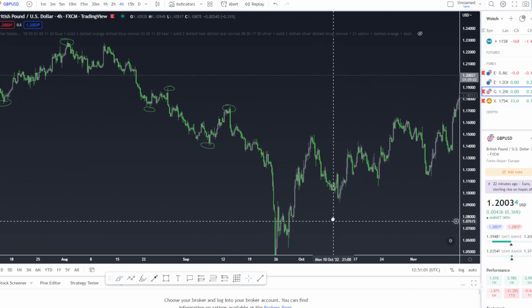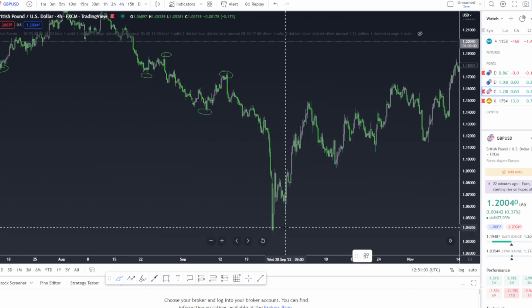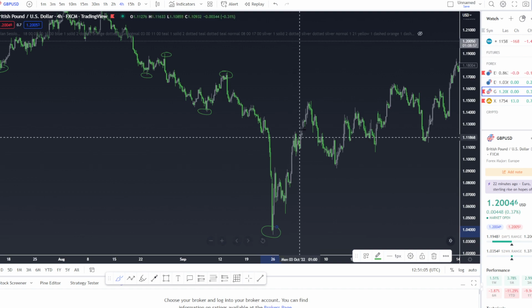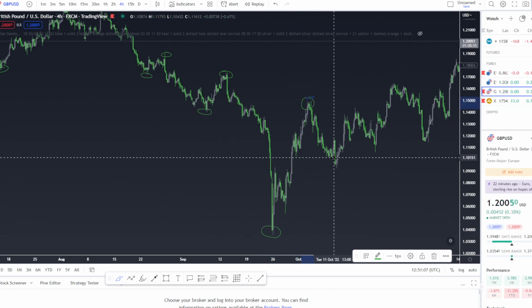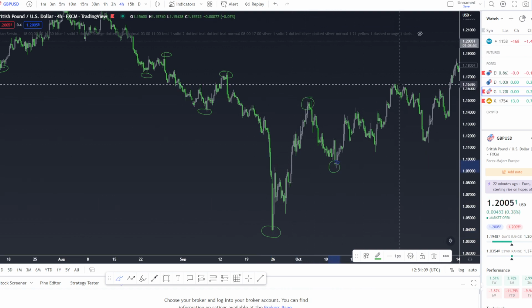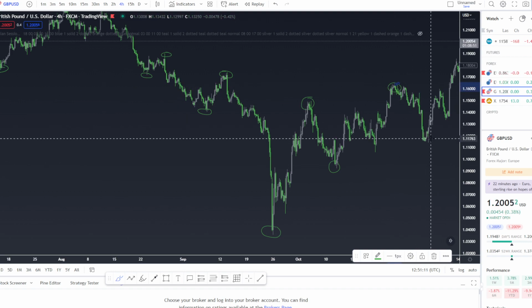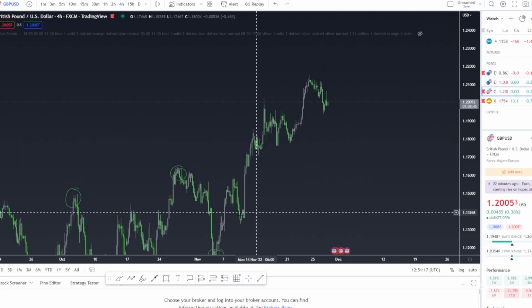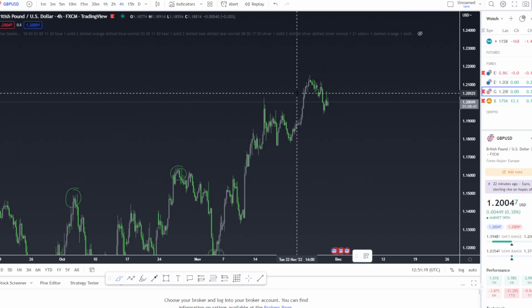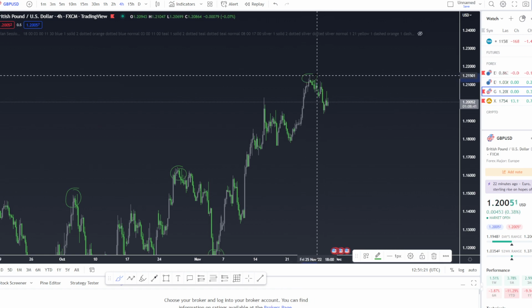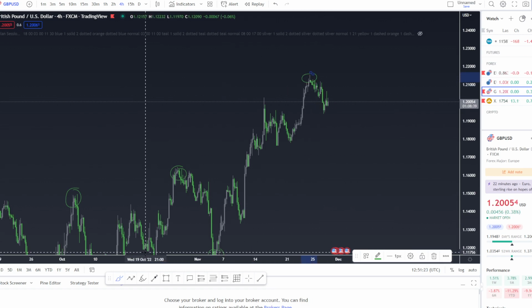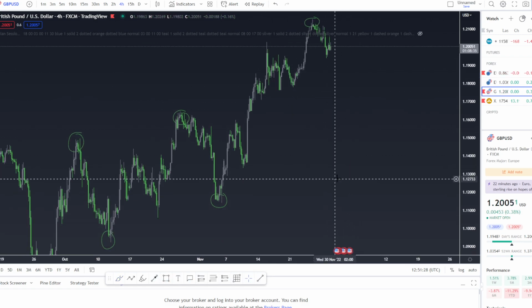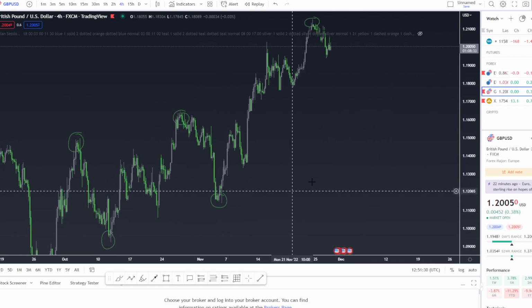One all the way down here. Right. Then this, this, this, this, and this. And then finally we have this one. Okay? Now, as you can see, price is pulling back to put in a new higher low.